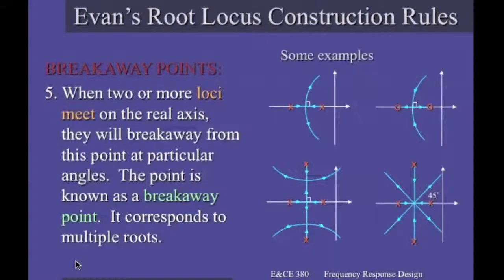Evans rule number 5 refers strictly to the case when at least one branch of our root locus is on the real axis.